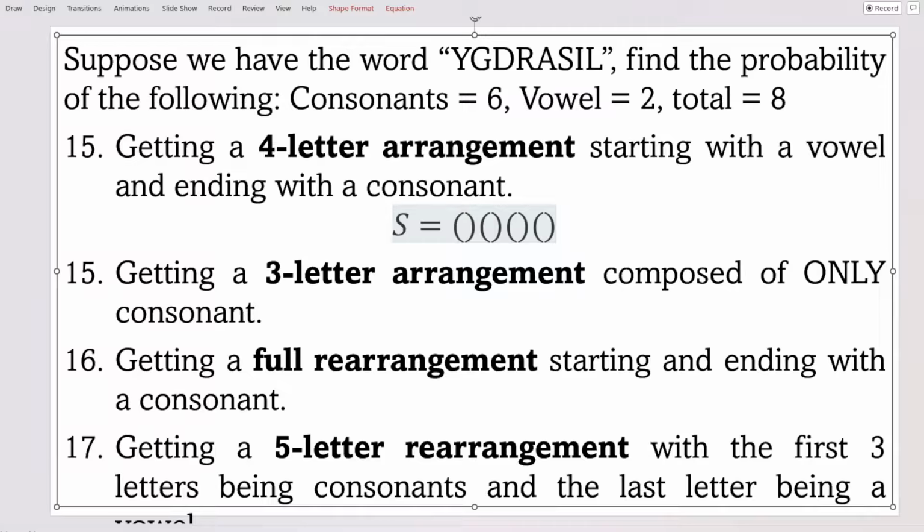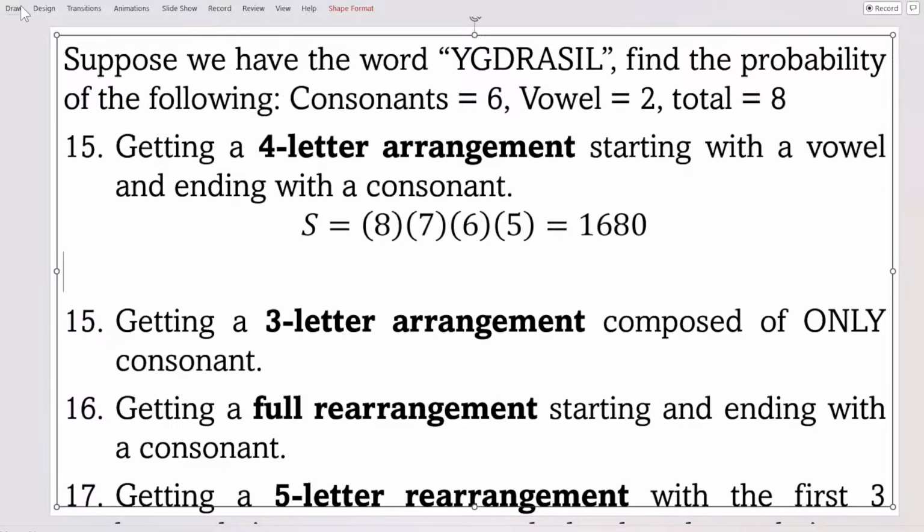So this one, of course, has no restriction. I can have eight choices for the first letter, and then seven, and then six, and then five. So our S is 8 times 7 times 6 times 5. I think we have solved this earlier already. This is 1680.